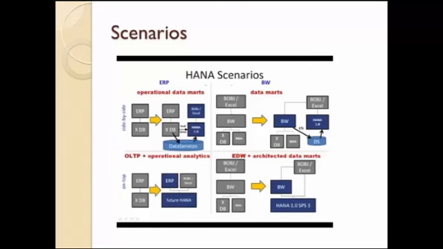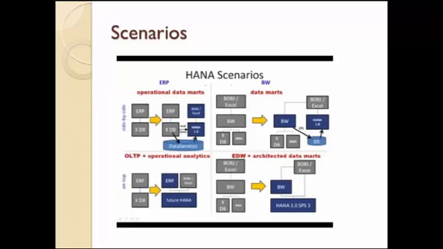Other times, if there's no need for real-time replication, then the data coming from this XDB can go into some kind of data services, and from there, data can be further replicated into the HANA database. So that's the first scenario, also known as side-by-side, where you have HANA running side-by-side with ERP in a company.